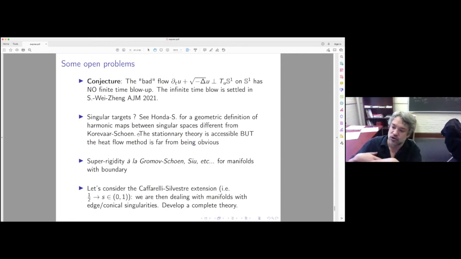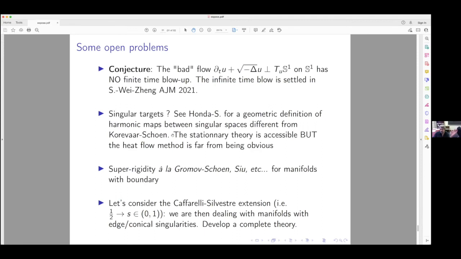Basically, if you are non-positively curved in the sense of metric geometry in the target, you can construct a nice elliptic theory, even for CAT(1) spaces, even possibly positively curved. The parabolic theory, except a result which is very cheap, where you construct a solution by minimizing movement, nobody knows how to do it.